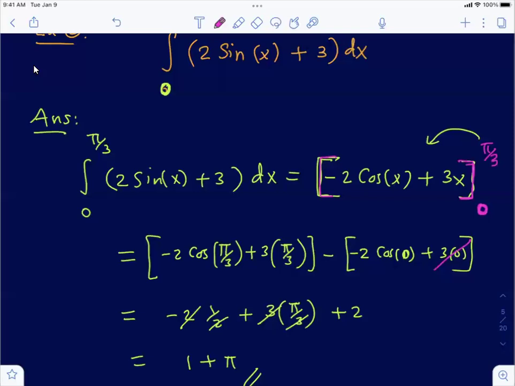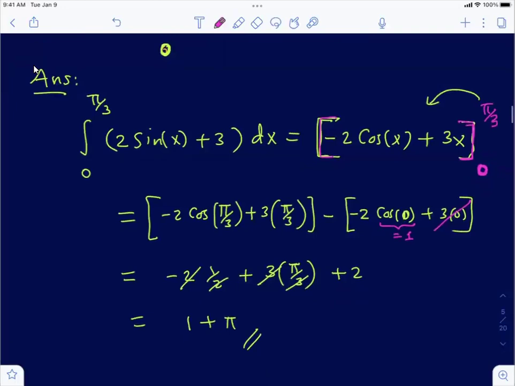And then minus makes it plus, which you see here, and cosine 0 happens to be just 1. Cosine 0 is 1. Therefore, you have the answer turn out to be just pi plus minus 1 plus 2. So simplify, it will turn out to be 1 plus pi.